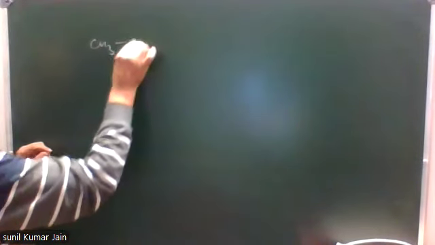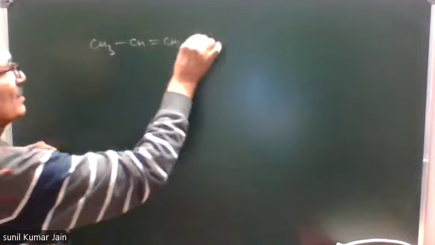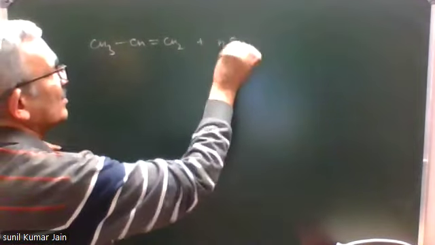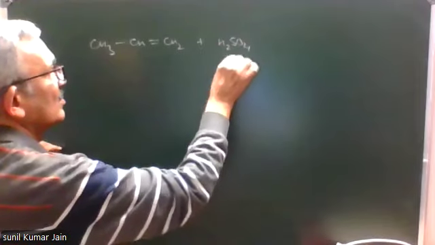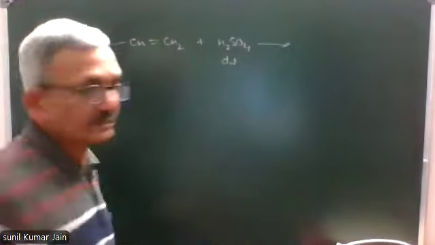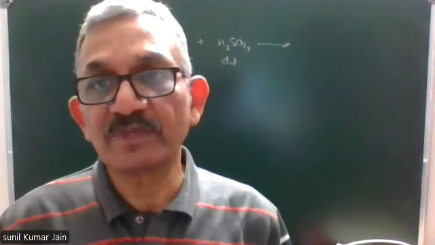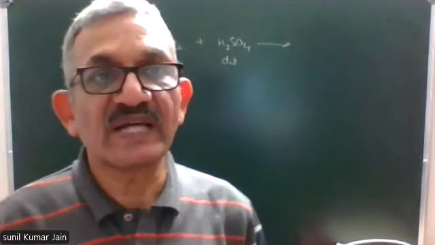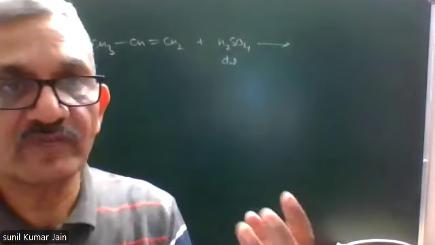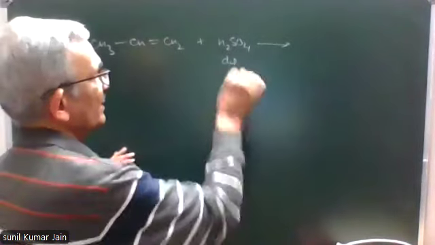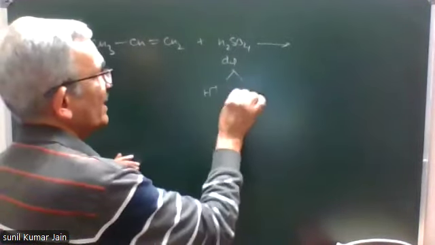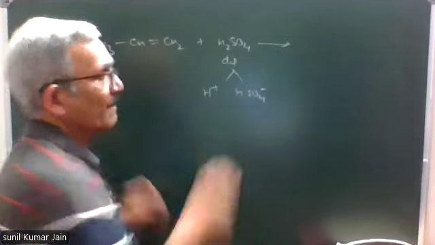For example, write the equation. Alkene, we have taken the example of propene with dilute sulfuric acid. Think of two parts of sulfuric acid: it is H plus and HSO4 minus.